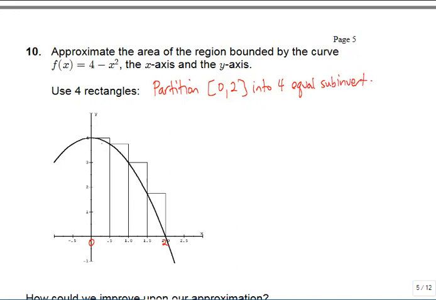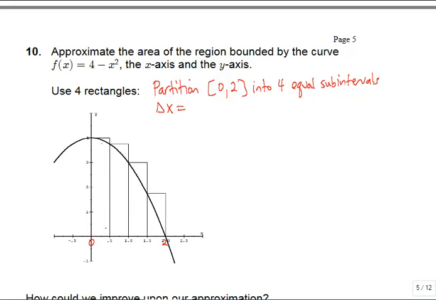Now to figure out how wide each one needs to be, we need to do a little bit of calculation. We're going to calculate something called delta x. It's going to be the width of each of these little rectangles.